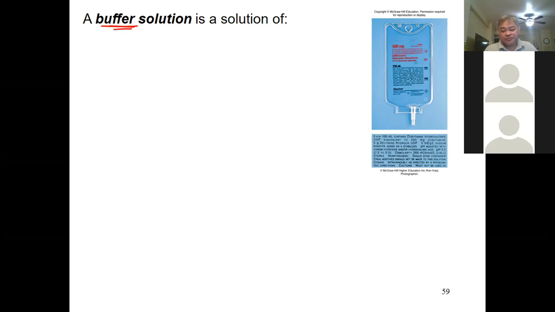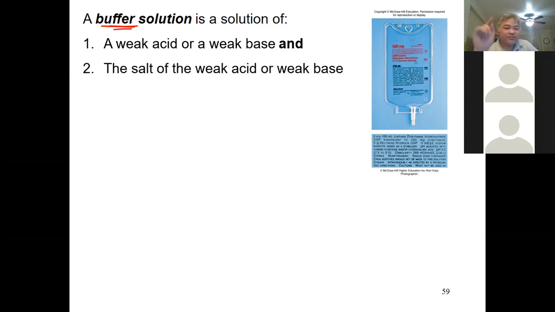Okay? Now, when can you have a buffer system or a buffer solution? You can only have it if you have a mixture of a weak acid and its conjugate base in the form of salt, or a weak base and its conjugate acid in the form of salt. So iyan yung requirements ng buffer.